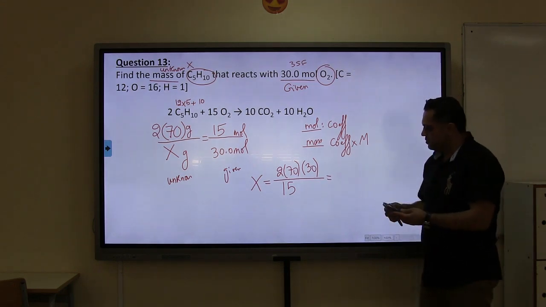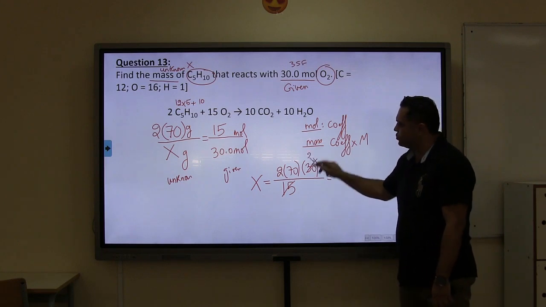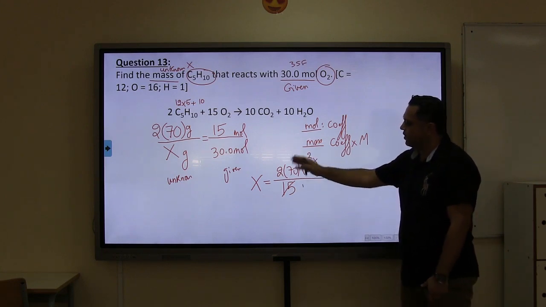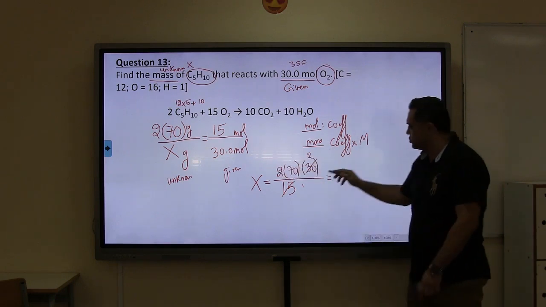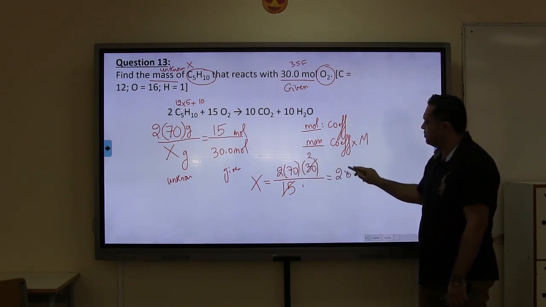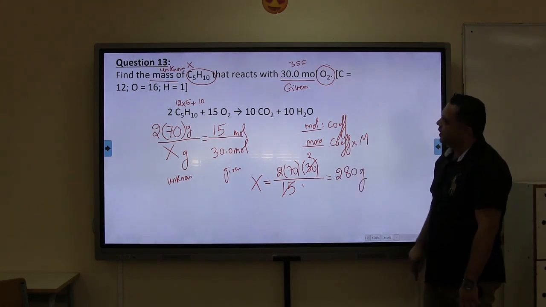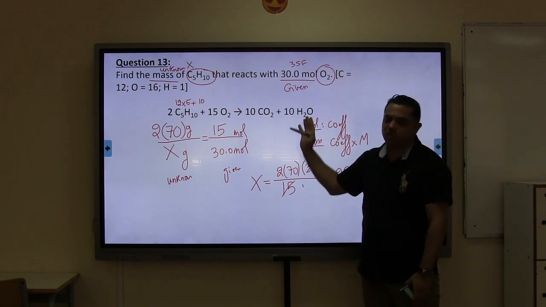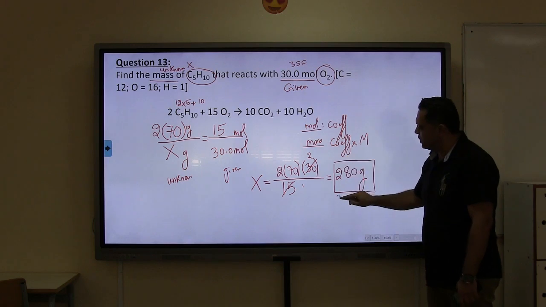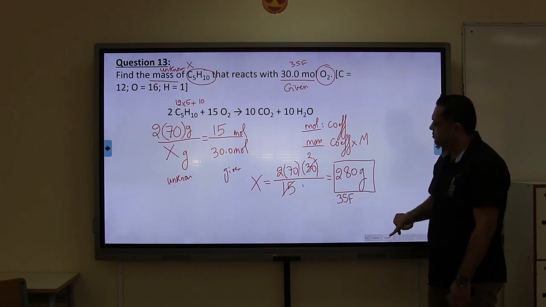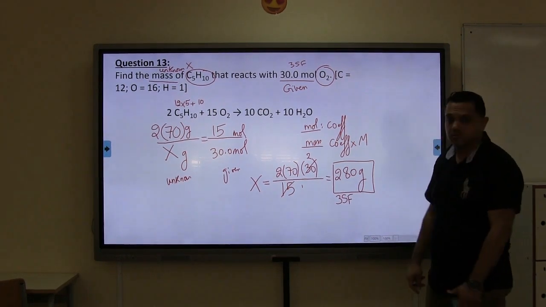We can solve it: 30 divided by 15 is 2, and we have 1. Then 2 times 2 is 4, and 4 times 70 is 280. So the answer will be 280 grams. I have 3 significant figures as given, and my answer is also 3 significant figures, so they match. There's no need to round.